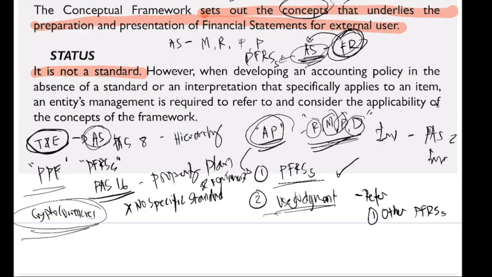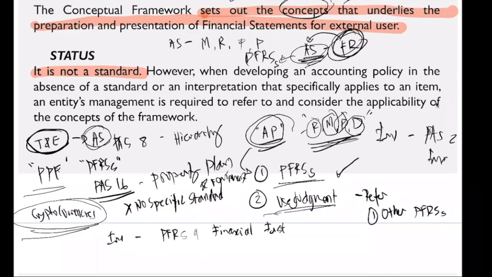Although it is not provided on the title of the standard, inside the standard, you can make use of that to measure or to recognize a particular item. So cryptocurrency, is there a standard that can apply to cryptocurrency? Yes, there is a standard. If you use it only as an investment per se, then you can use PFRS 9, that is your financial instrument.